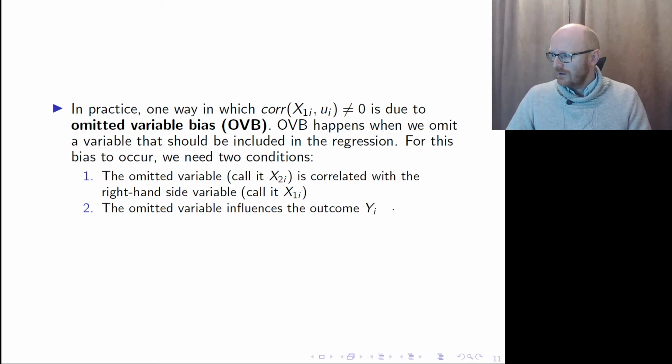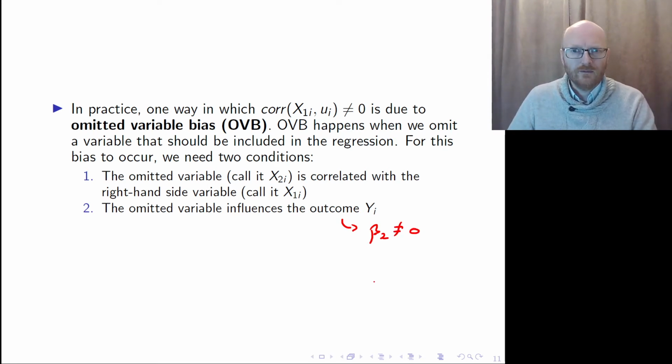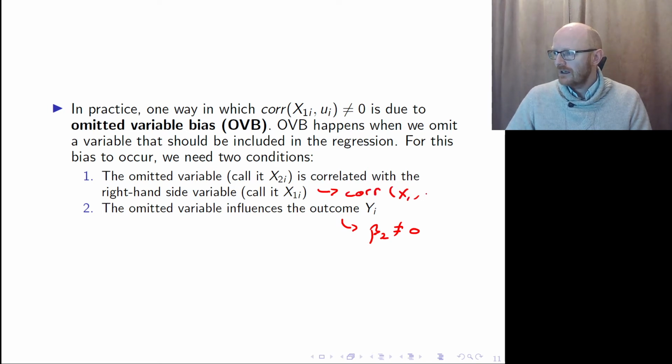So this means that beta 2 is different from 0, and this means that the correlation between x1 and x2 is also non-zero.